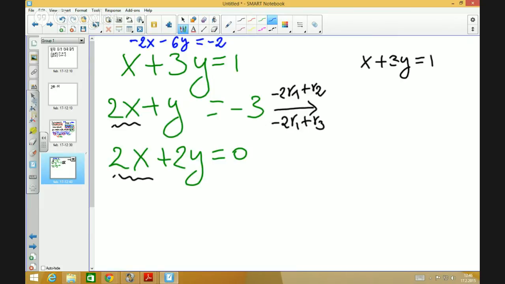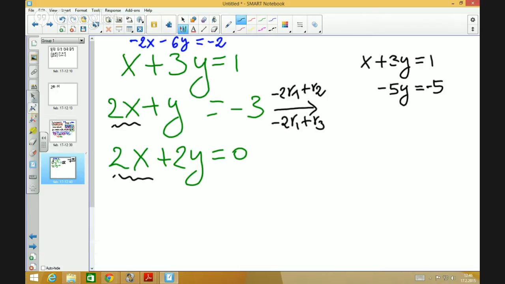That's why you want a computer to solve them for you. Okay, so now let's add this thing to the second equation. 2x minus 2x gives me 0. That's what I wanted. Minus 6y plus y gives me minus 5y. Equal to what? -2 plus -3 gives me -5.